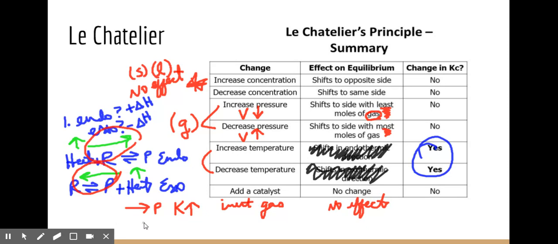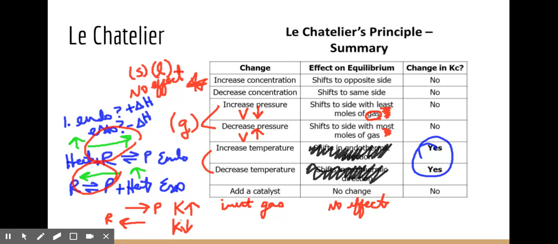If I ever shift to my reactants due to a temperature change only, then that means that my K value will decrease. Why is that, you say? Because reactants are on the bottom. If I make my bottom number in a fraction bigger, then my K value, what that number is equal to, will decrease. It will get smaller. So this is how we apply temperature change and how it affects your K value.